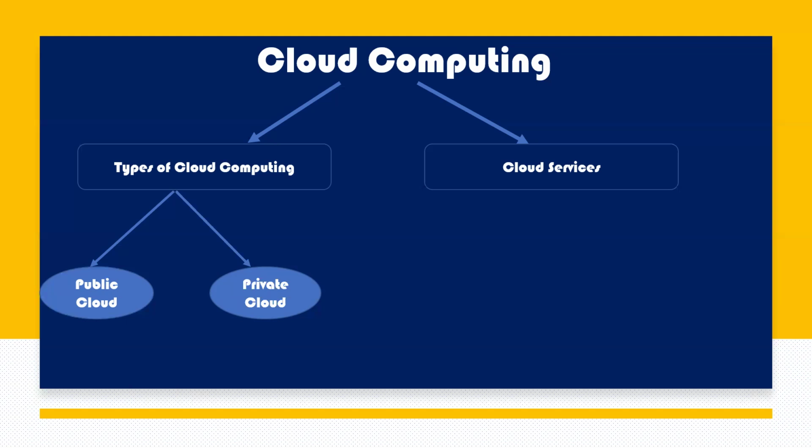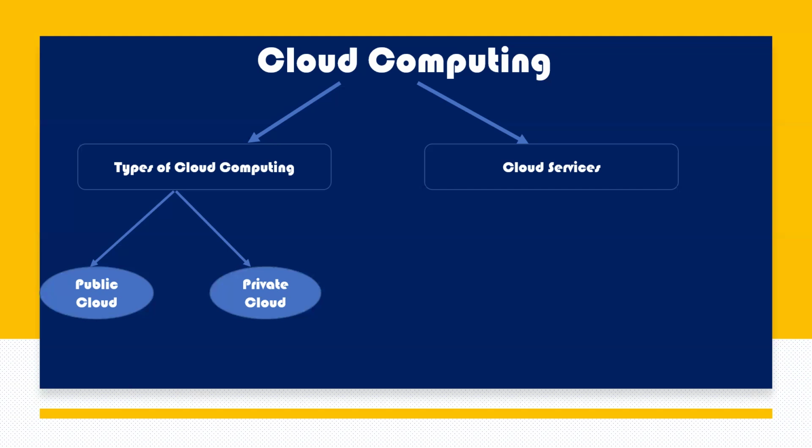I need my own cloud, like my on-premises, my own cloud. Yes, I can create my own cloud. You can have your own data center. That data center you can access globally, from anywhere. It depends upon the business. So if you want the benefits of cloud, but you don't want to share your data with a third party like public providers Azure, AWS, Google Cloud, then you can go with your private cloud.